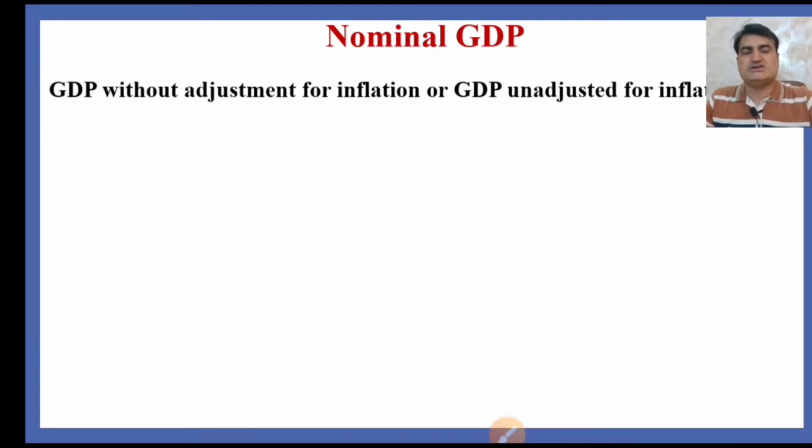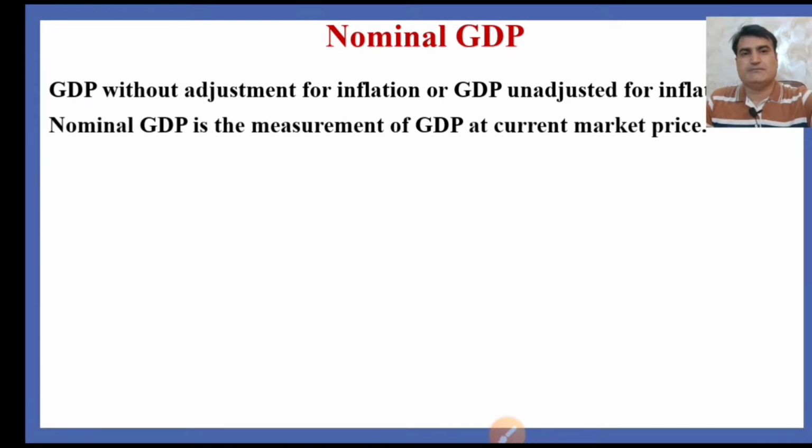What is nominal GDP? As we know, GDP is the money value of all finished goods and services produced in a country during a period of 1 year. So nominal GDP means GDP without adjustment for inflation, or GDP unadjusted for inflation. Nominal GDP is the measurement of GDP at current market price.